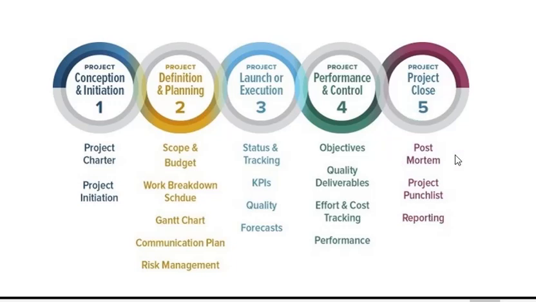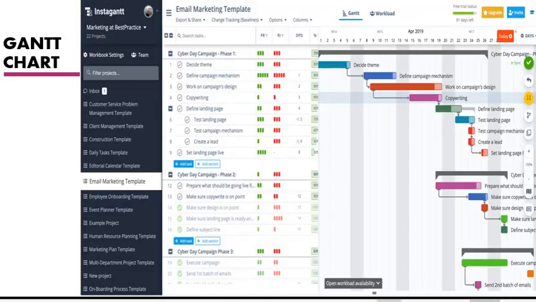So all the analysis of all these things is done under project closure. Then we have project punch list, which looks like this. And the last one is reporting. So reporting to the key stakeholders and the sponsors of the project. So you should communicate with them. And project punch list looks like this.